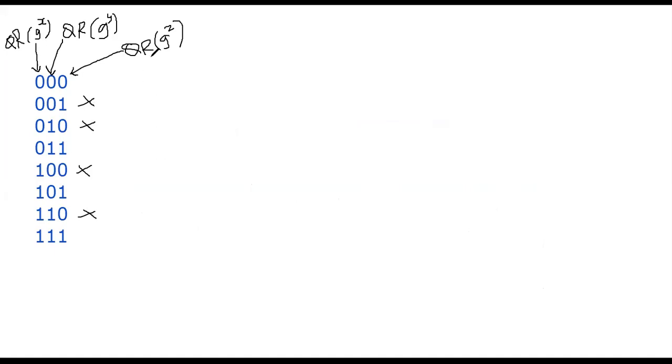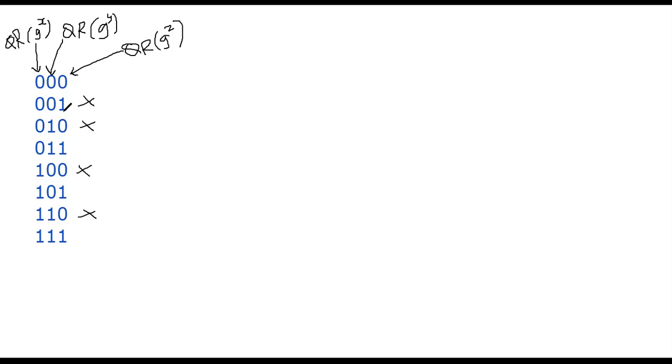was, for a particular run, a random number. Suppose the random number satisfies this property that G power X is not a quadratic residue, G power Y is not a quadratic residue, but G power Z is a quadratic residue.